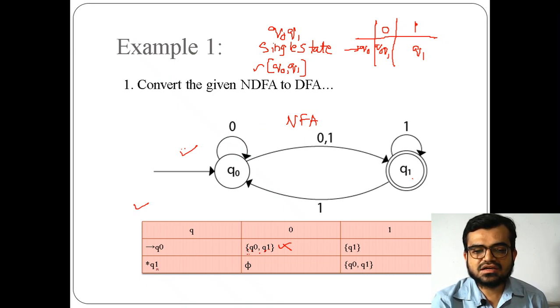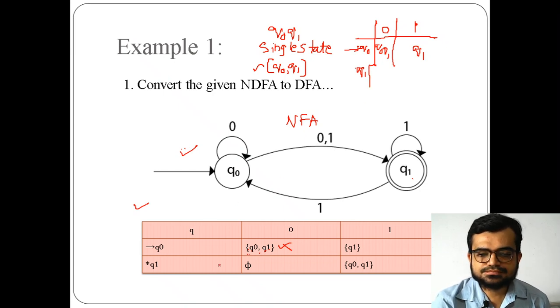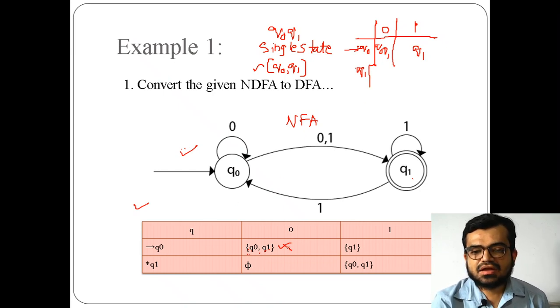The next state is Q1, so we need to take Q1 here. In Q1, upon input 0, it is not receiving any input 0, that's why it is phi here. But when Q1 receives an input 1, it goes either to Q0 or Q1.